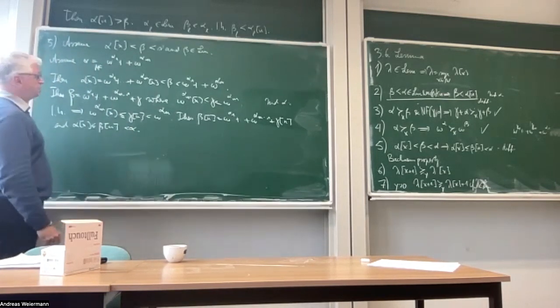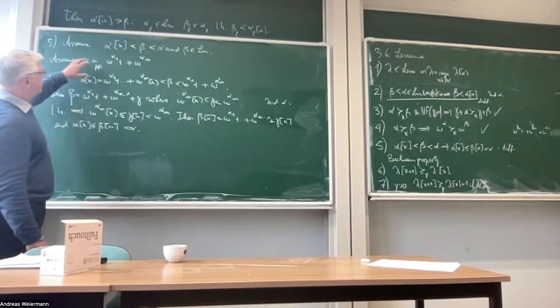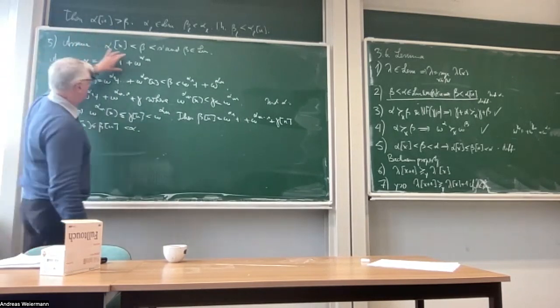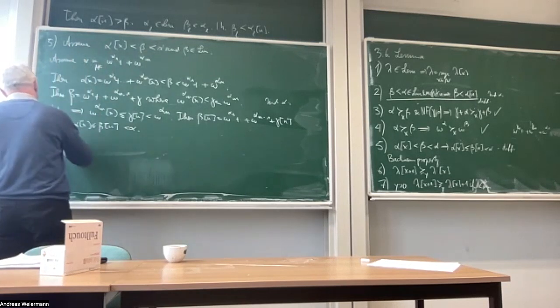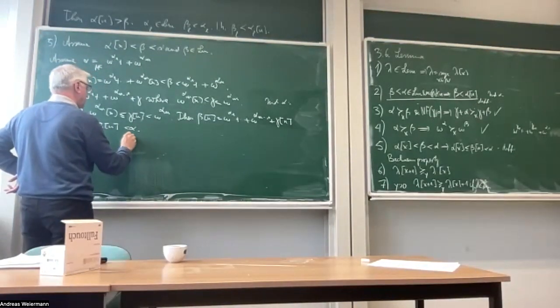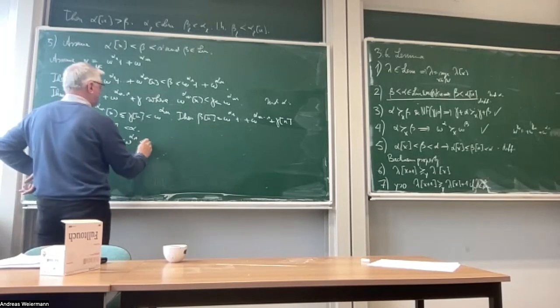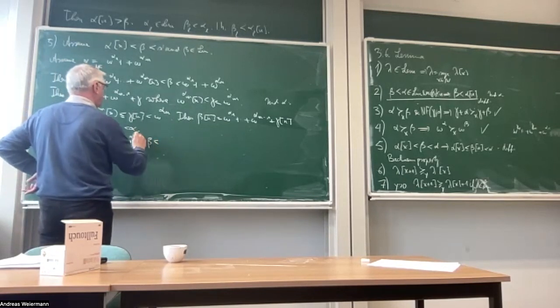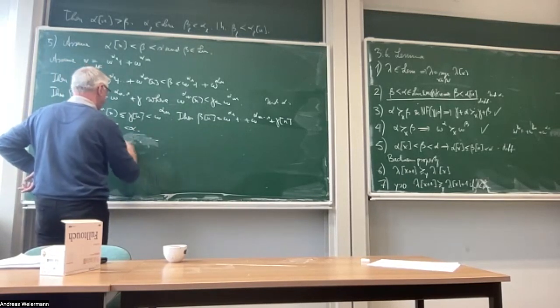What does this mean? This means we can simplify our situation, namely, now assume basically that m is equal to 1. So we squeeze in beta. Be careful.